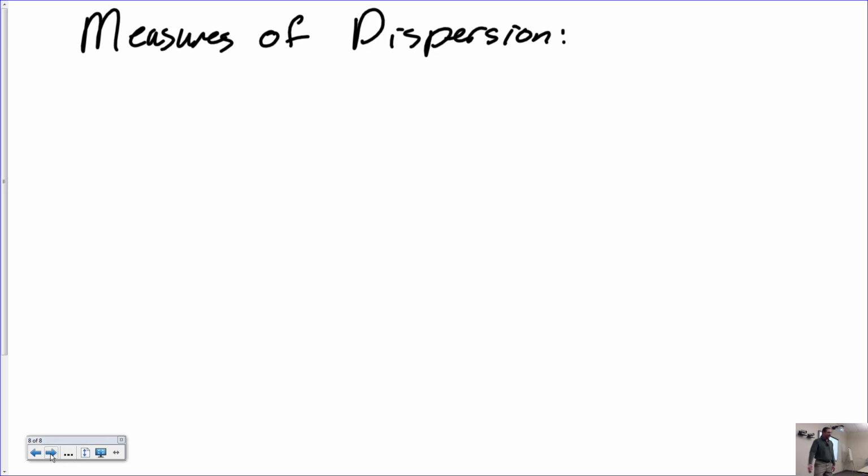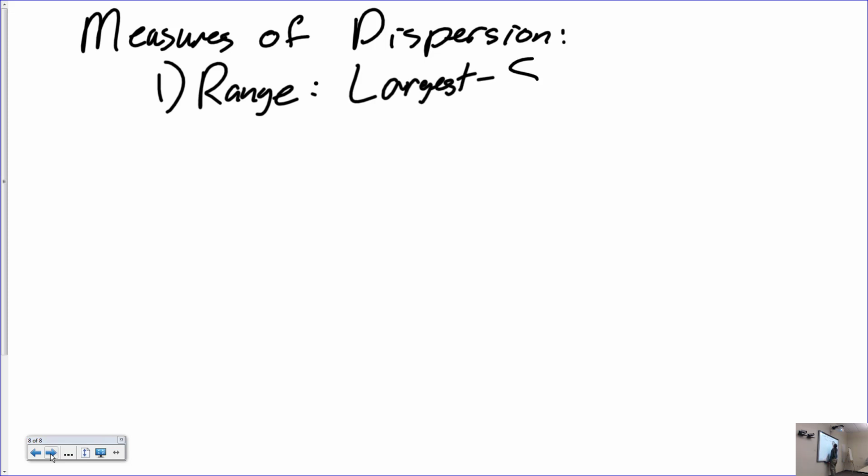Sorry. Measures of dispersion. You should know what the range means, folks. What is a range? It's a range of numbers. So you go 0 to 6. Well, but the range of a data set is the difference between the largest number and the smallest number.